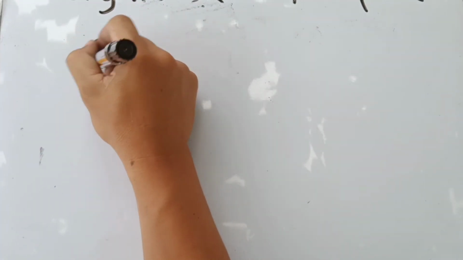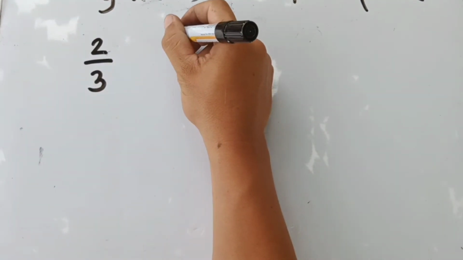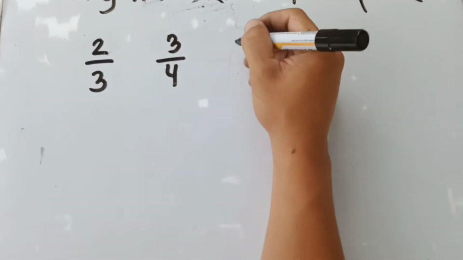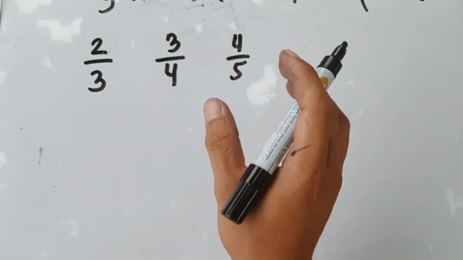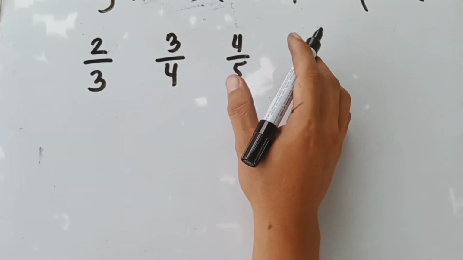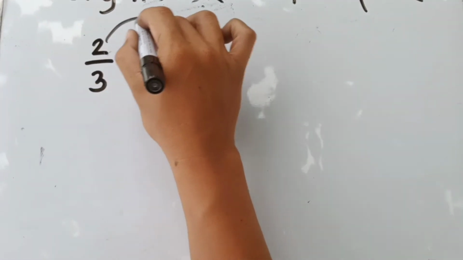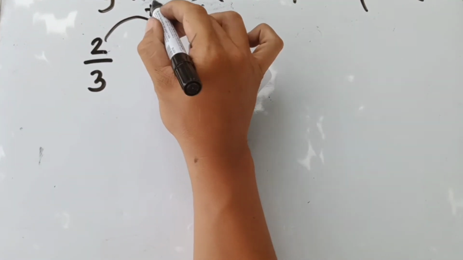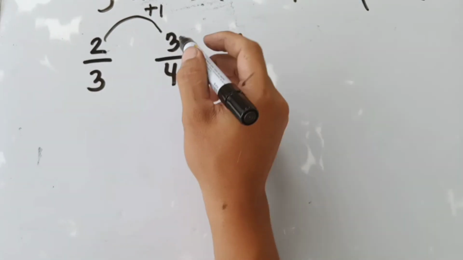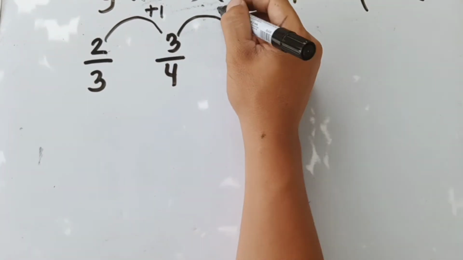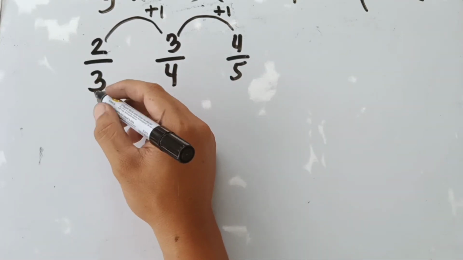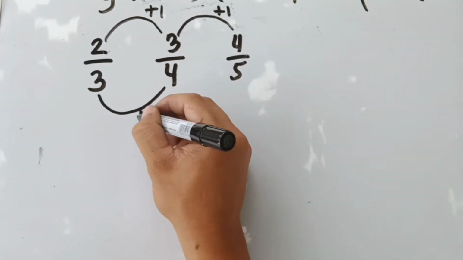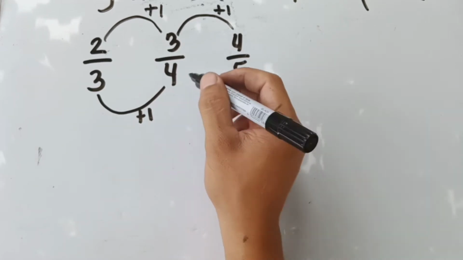We have 2/3, 3/4, and 4/5. As you can see in this sequence, the numerators and the denominators are increasing by 1. So 2 plus 1 becomes 3. 3 plus 1 becomes 4. And for the denominators, we have 3 plus 1 becomes 4.